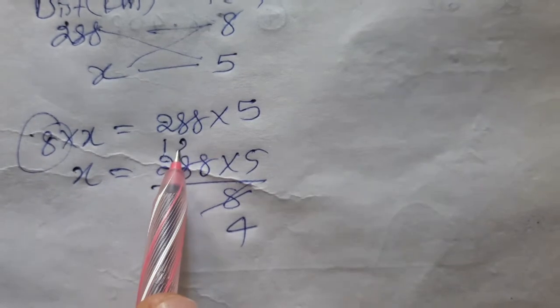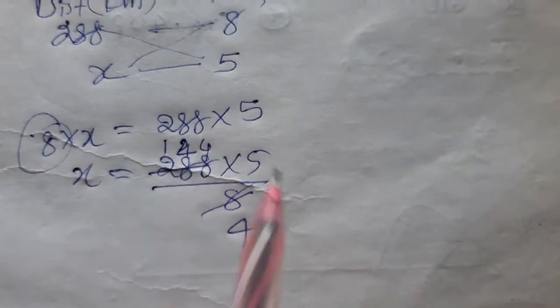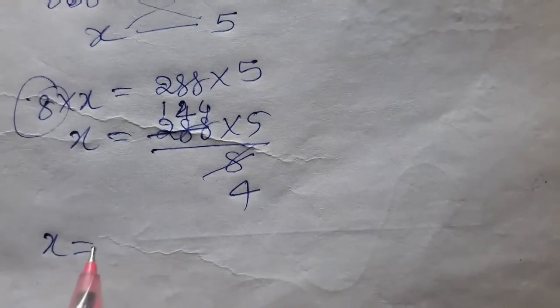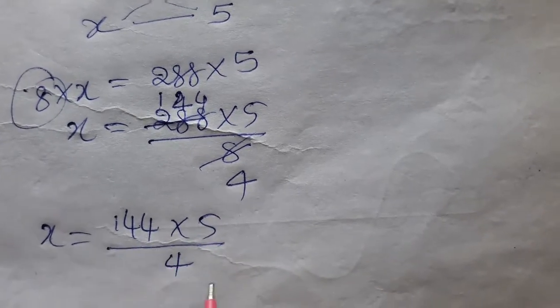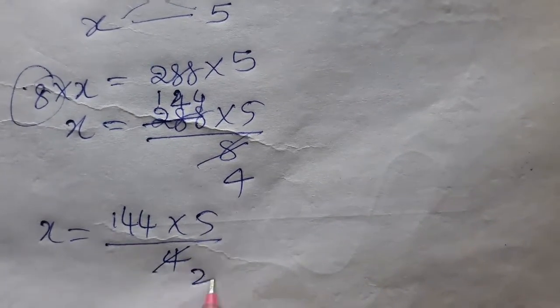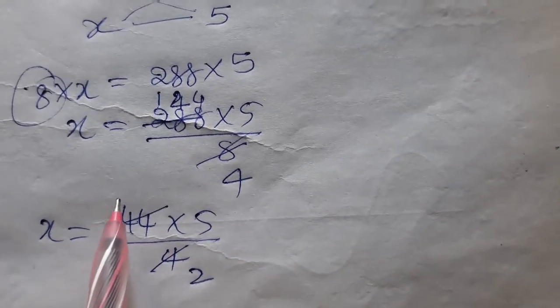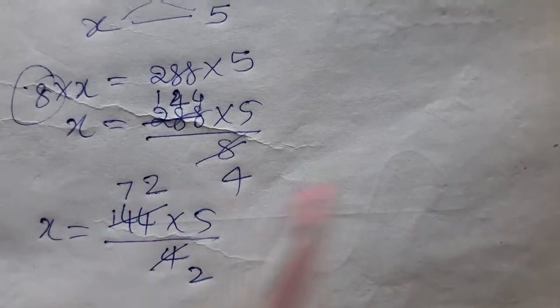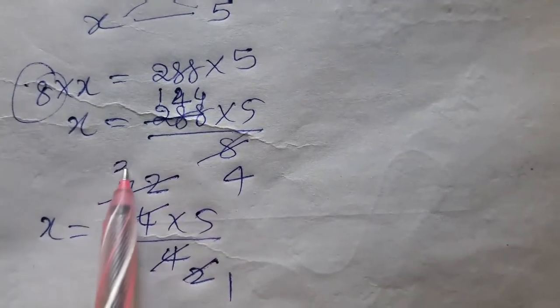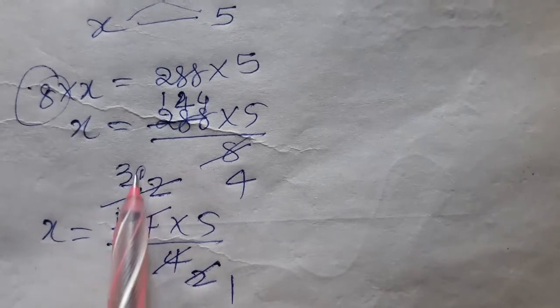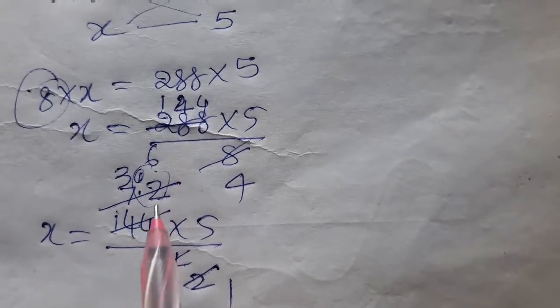So divide with 2: 2 4s are 8, 2 1s are 2, 2 4s are 8, and 2 4s are 8, cancel. Now x equals 144 into 5 by 4. See here, 2 2s are 4, 2 7s are 14, once again 2 2s are 4, 2 1s are 2, here 2 3s are 6, 1 remains, it becomes 12, 2 6s are 12.